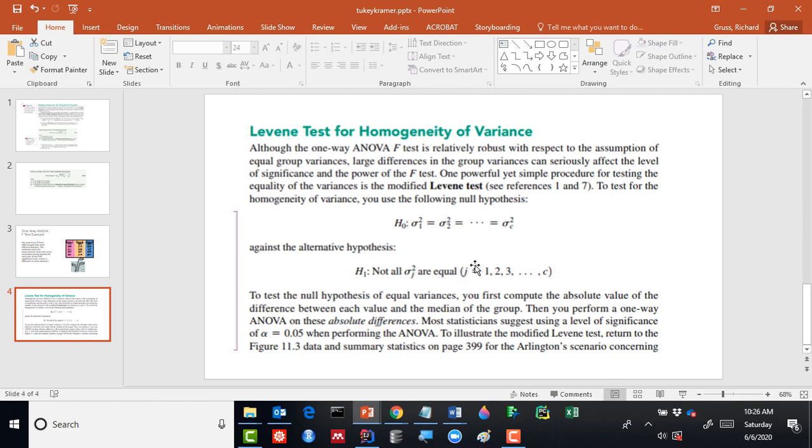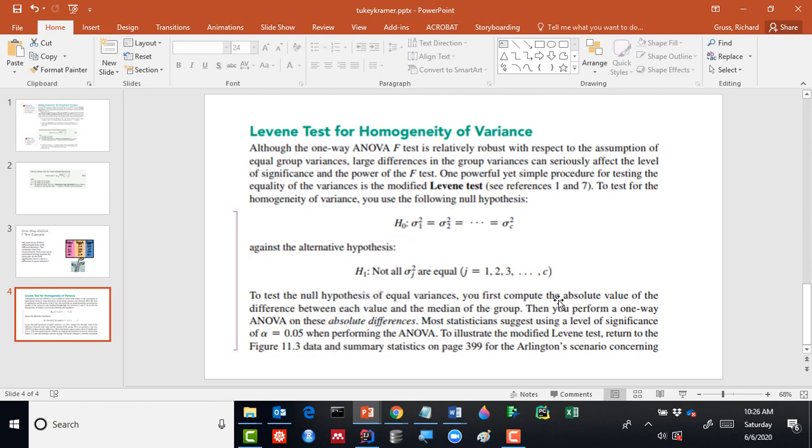We're not saying that they're all different, but that they're not all equal. If we reject the null, the variance is significantly different, and therefore the results of the ANOVA are potentially invalid. That's the Levene test.